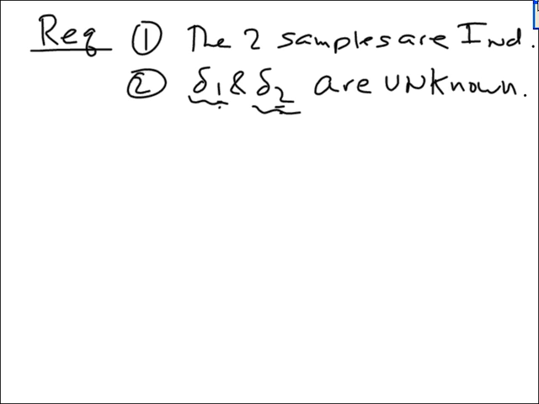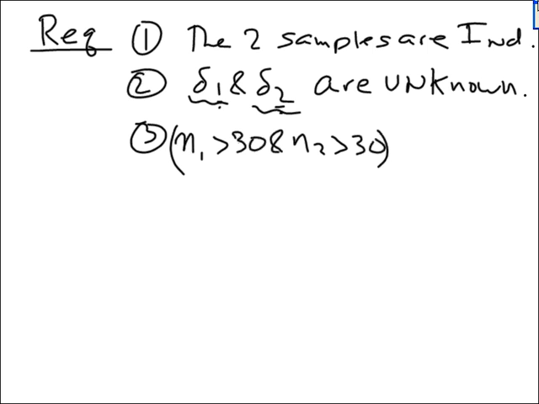And the third one, like always, N1 has to be bigger than 30, and N2 has to be bigger than 30, or both samples are normally distributed. N1 is the sample size of the first sample, and N2 is the sample size of the second sample.